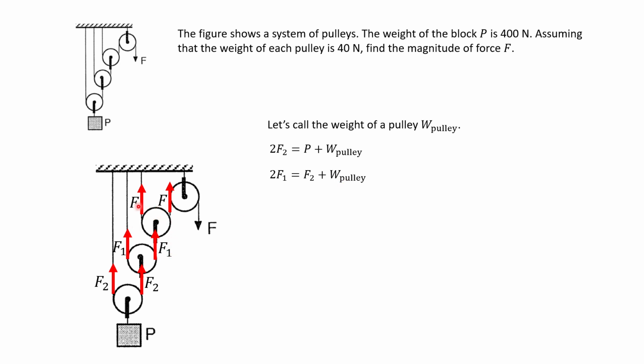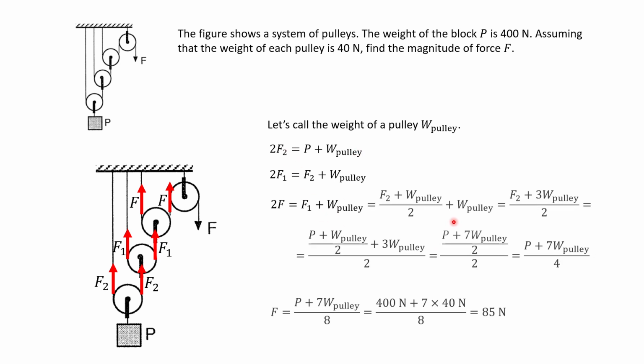F plus F are balanced by the weight of the pulley and the F1 that's pulling it down, right? So we have our three equations, and the only things we know here are the weight of the block and the weight of the pulley, and we have three unknowns, so we should be able to solve this easily.